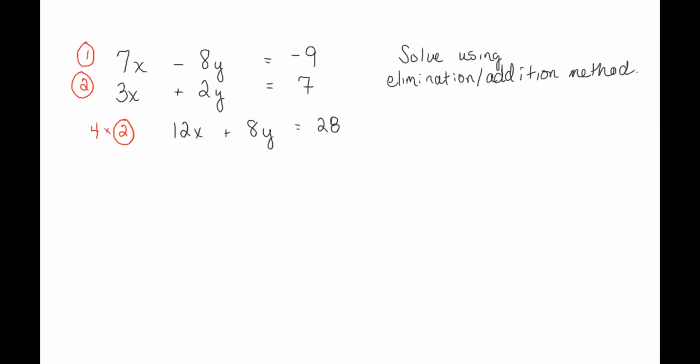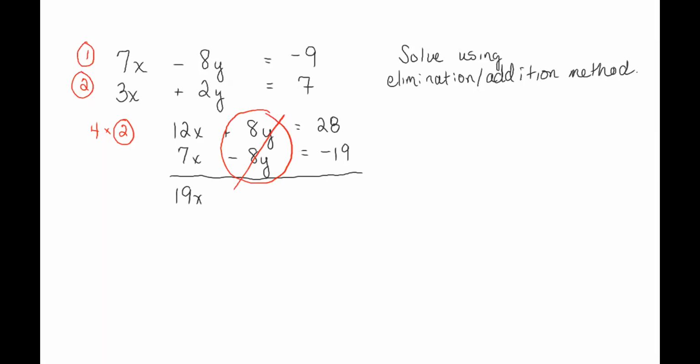And then I'm just going to recopy my first equation: 7x minus 8y equals -9. That's really an ugly looking line. And then I'm going to add those together. And I get 19x. And notice that the -8y plus 8y adds up to a big fat 0, so that's gone.